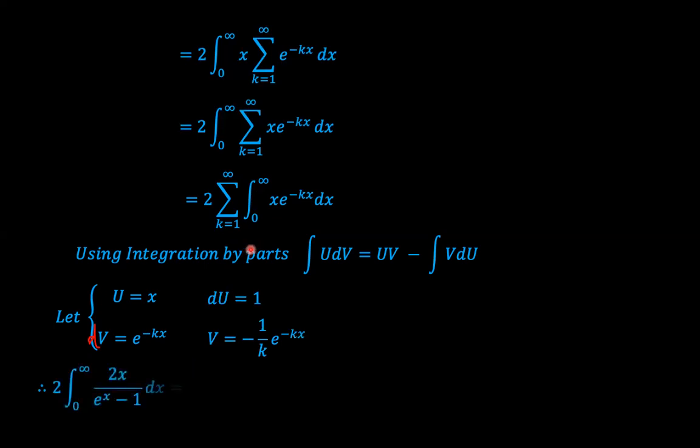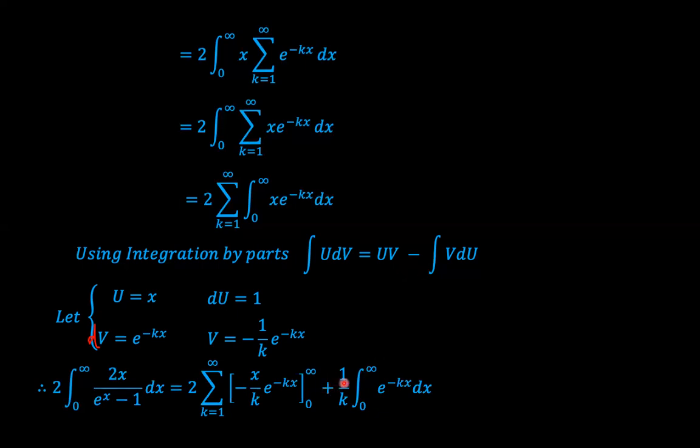Therefore, this integral here is equal to twice the summation from k equals 1 to infinity of negative x over k times e to the power negative kx with the limits applied appropriately, plus, now our du is 1, so the x disappears, and v is negative 1 over k times e to the power negative kx, so the negative and the minus here means that this becomes positive.